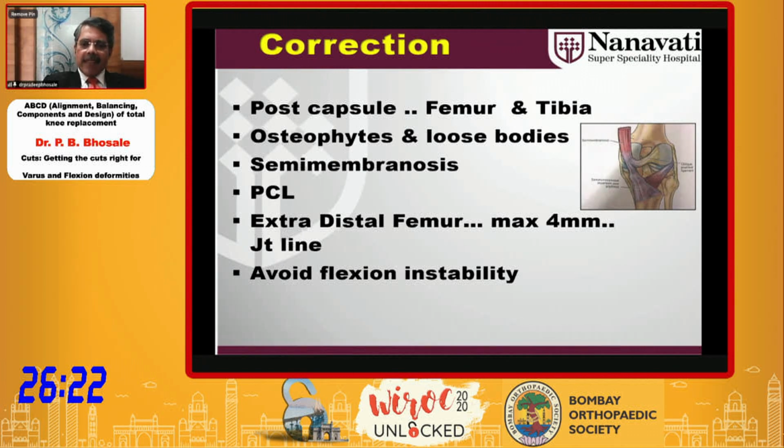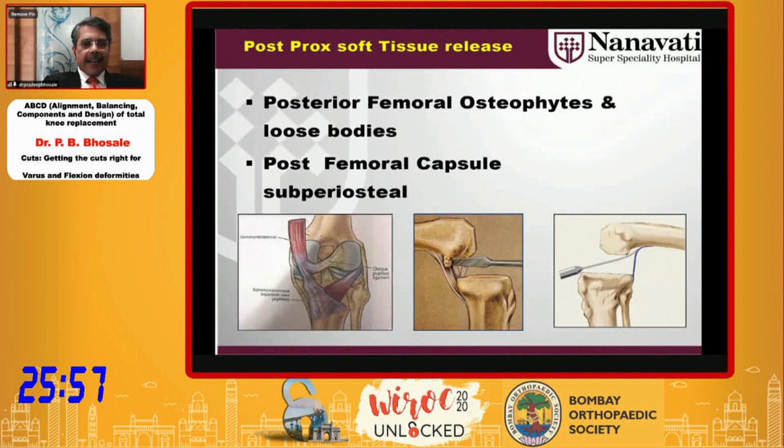Definitely the results are much better and easier. You need to do an extra distal femoral cut, maximum up to 4 millimeters, but that changes the joint line. You have to be careful about that, and always avoid flexion instability. See that the extension gap is tight, and you adjust the flexion gap. Usually it is lax, so it is very important titration.